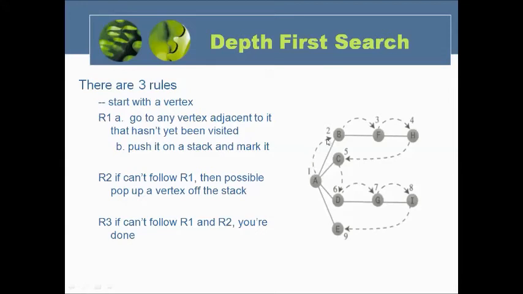So we have 1, A to B; 2, B to F; and then 3, F to H; then C, D, G, I, E. If you can't follow rule 1, then pop a vertex off the stack. Rule 3: if you can't follow rule 1 and rule 2, that means you're done.